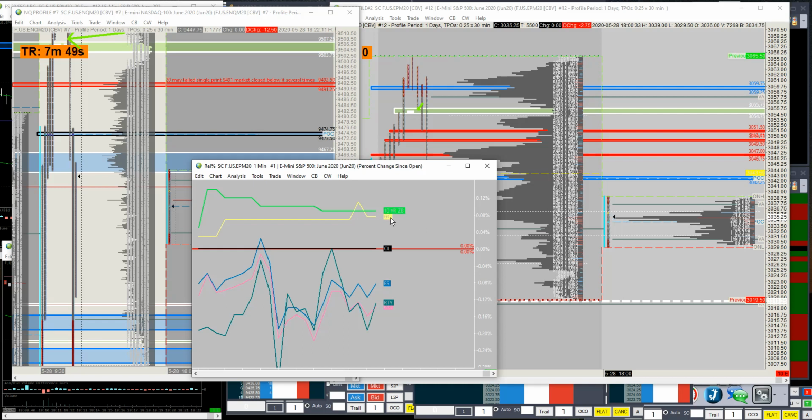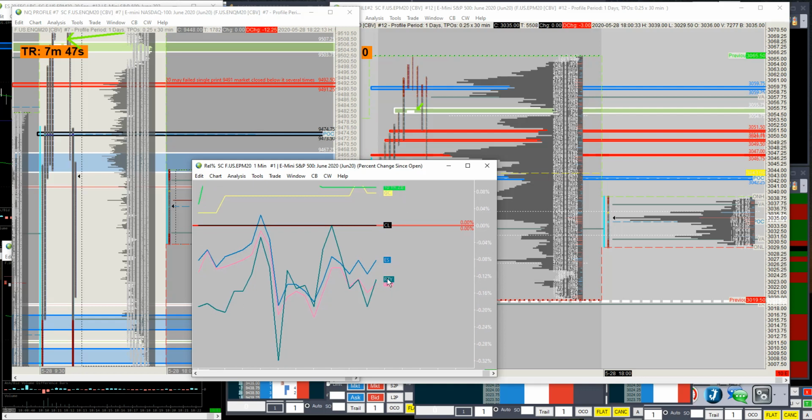Bonds are up, gold is up, crude is up, ES, NQ, and R. If the Russell is leading down or up, believe me, you're gonna get good volatility that day. But if NQ is leading and ES and Russell is lagging, that's where it gets a bit more trickier.